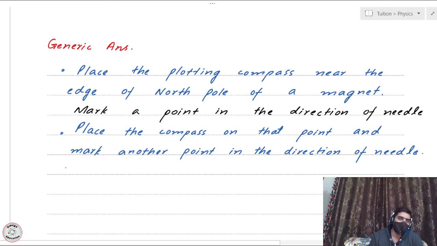Once again, I'm repeating, this is a generic answer. So you write this answer straight away for any question like that.